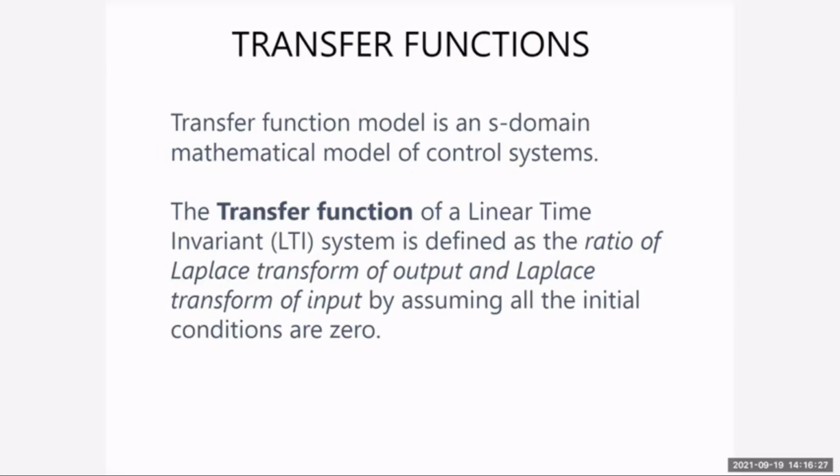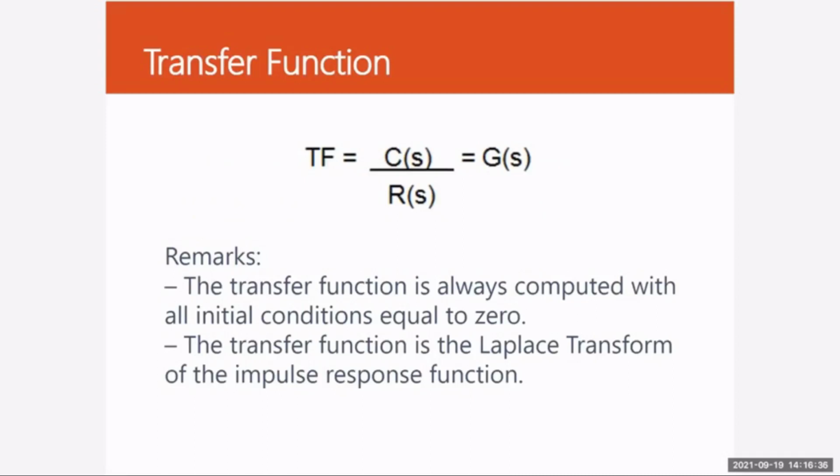When you hear an LTI system, you should make sure that your output is the ratio of the output to the input. So the transfer function, or TF, is equal to C of S over R of S, and it will be called G of S. So the formula, so you won't be confused, is G of S equals C of S over R of S, wherein the controlled output is the numerator and the reference input is the denominator.